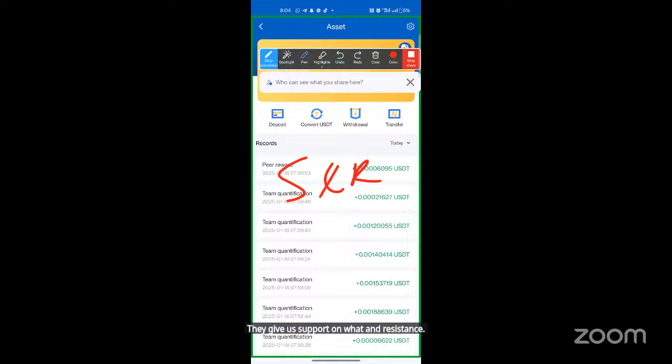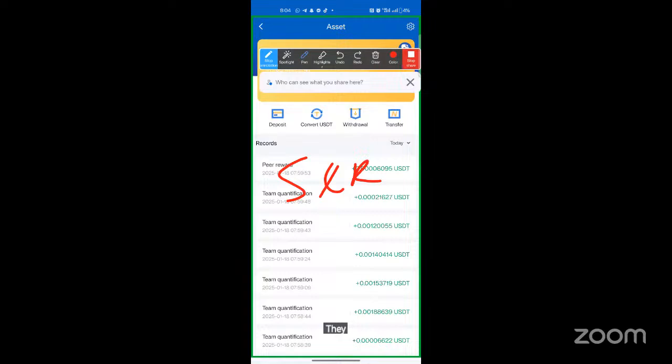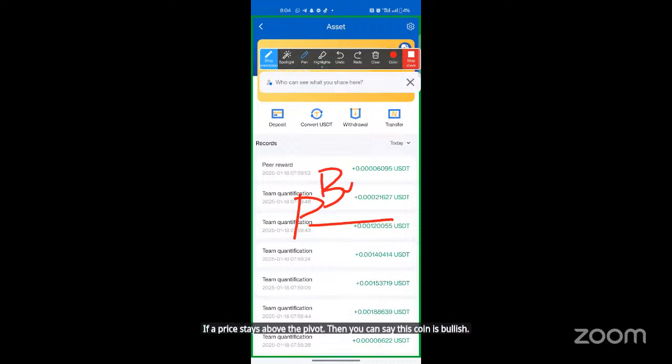Traders use these levels to predict where prices might reverse or face difficulty. They confirm a trend. If the price stays above the pivot, then you can say this coin is bullish. If it stays below the pivot, then you can say this coin is bearish.